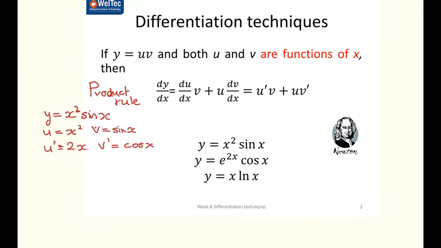Now, using the rule, the derivative of y is going to be u dash v, so it would be 2x sine x plus u v dash, x squared cos x.